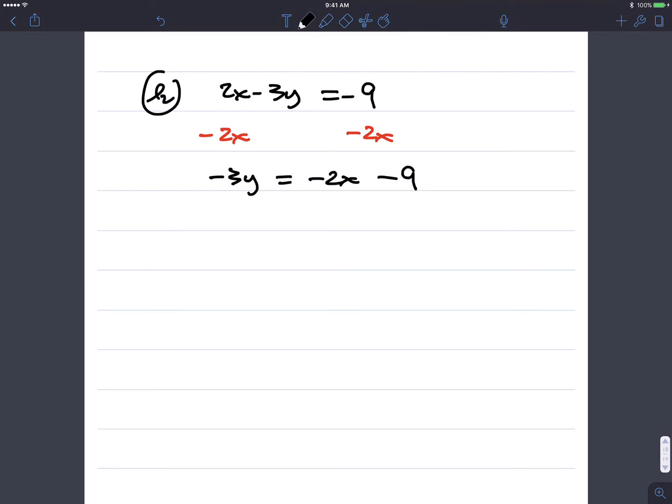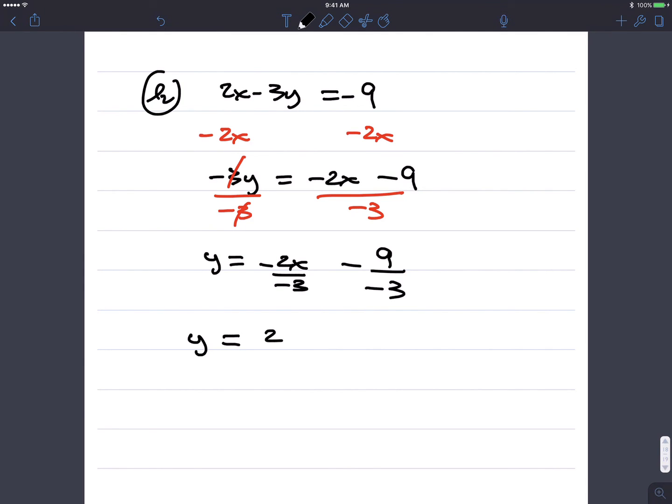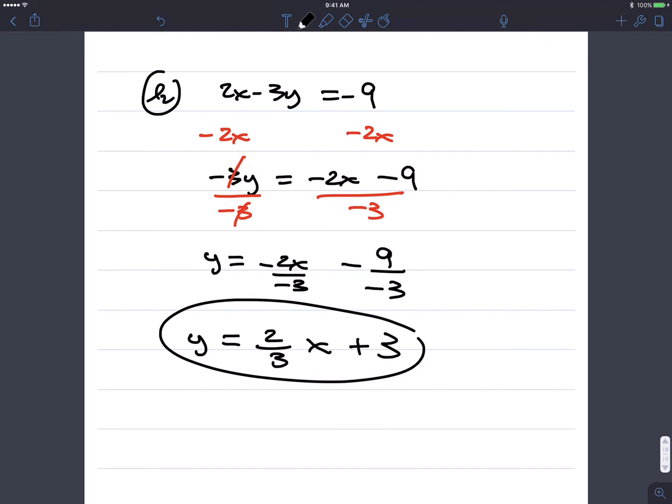So I'm actually solving for y. I'm now going to divide both sides here by negative 3. Notice I started to subtract 2x from both sides this time, and we could do that. We're experts now at solving these equations. Notice negative over a negative gives me a positive. And here's my second line.